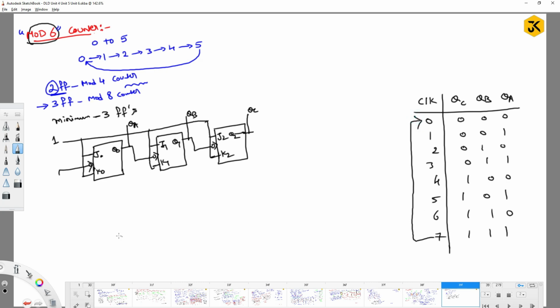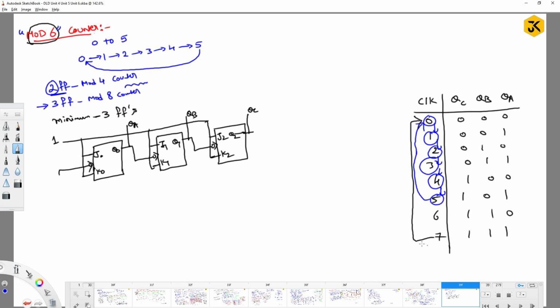Again go with 0. But here, according to the given requirement, they are asking us to construct only a mod 6 counter. Mod 6 counter means you have to go from 0 to 1, from 1 to 2, 2 to 3, from 3 to 4, 4 to 5, then you have to come back like this.